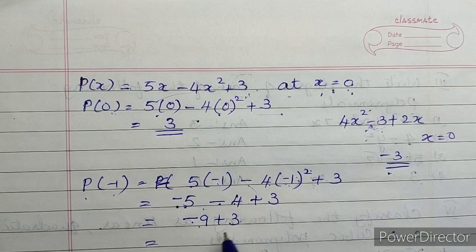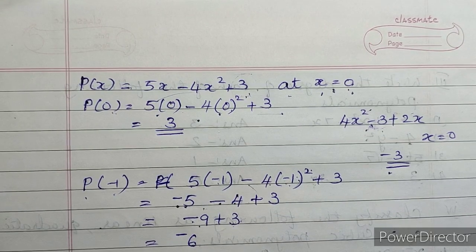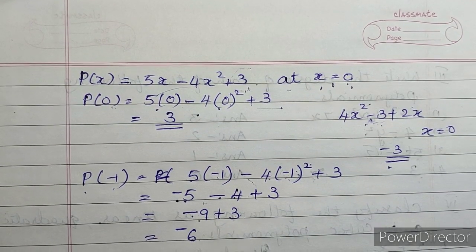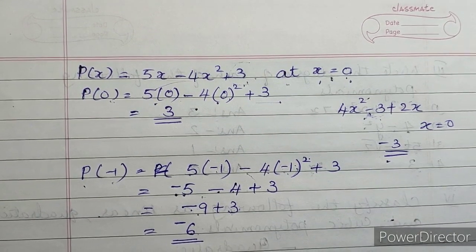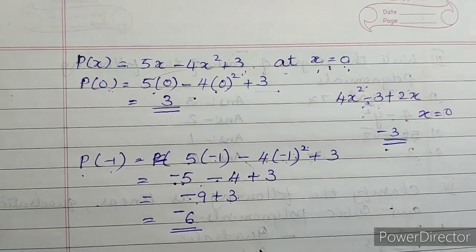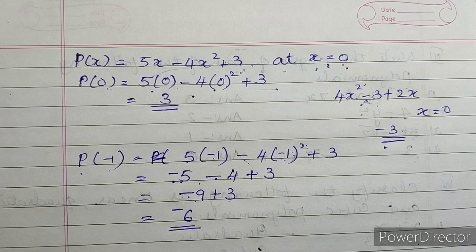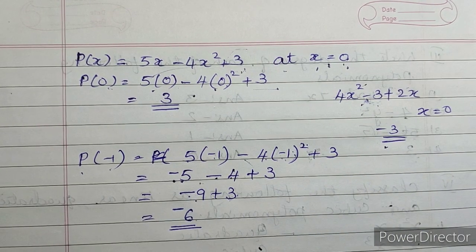So minus 9 plus 3, 9 minus 3 is 6, put the greater number's sign. So minus 6. Always put the greater number's sign, only for addition and subtraction. So minus 6 is the value of this polynomial at x is equal to minus 1.